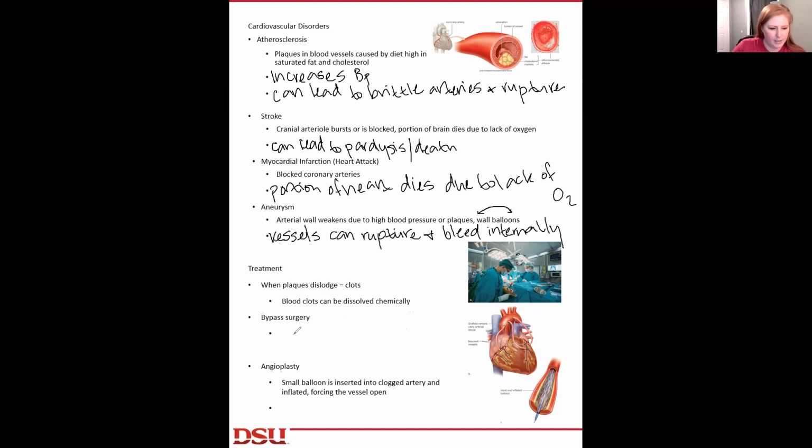Bypass surgery is another possible treatment for some of these issues. This basically involves taking, what's the easiest way to put it? You basically take a portion of an artery from some other part of the body, and then you use that to literally bypass the coronary artery.